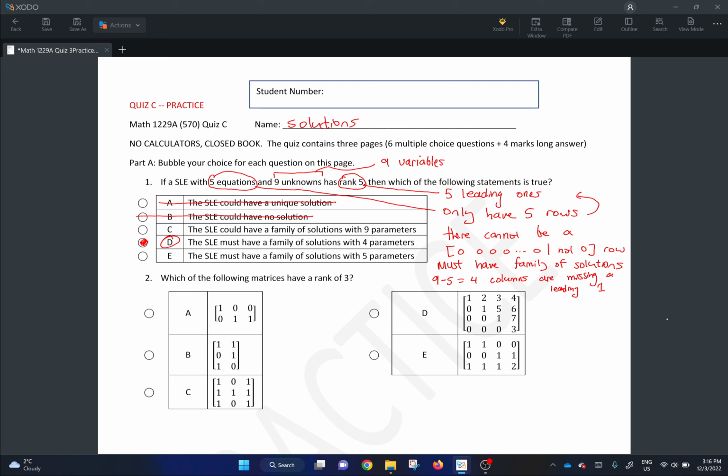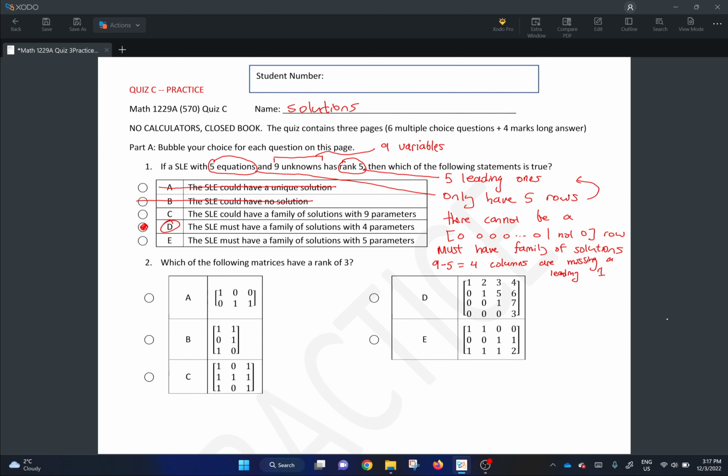It's not possible to introduce a row that reads 0, 0, 0, 0, not 0. If the question said that the SLE has 6 equations and 9 unknowns, then we couldn't exclude B. We couldn't exclude the possibility that the answer is no solution, unless it said that the matrix is homogeneous. And we can always exclude no solution when it's a homogeneous system of equations.